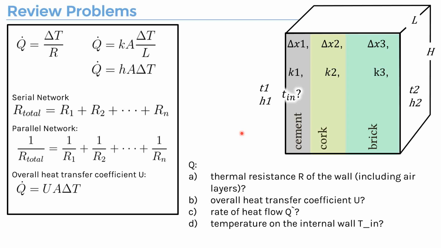Tin is unknown; we want to find that out. And the resistance here is not the total resistance anymore, because we only consider between the air and the inner surface, which we can find using conductivity and the dimensions. So we can utilize this equation to find the temperature on the inner wall. But this is based on the assumption that T1 is larger than T2. I guess you all know that you just use the higher temperature minus the lower temperature, which makes things easier.